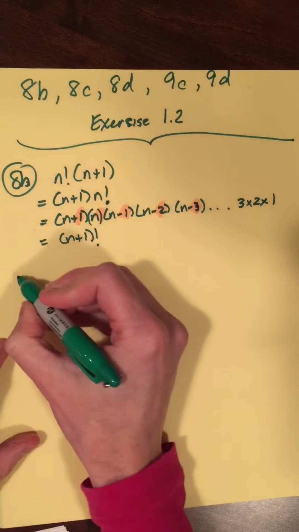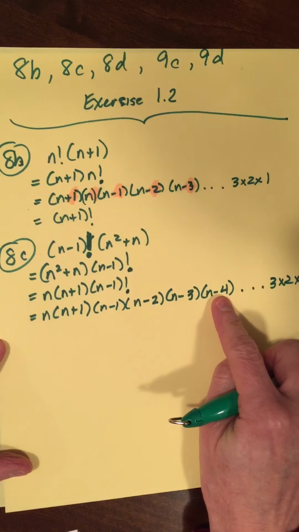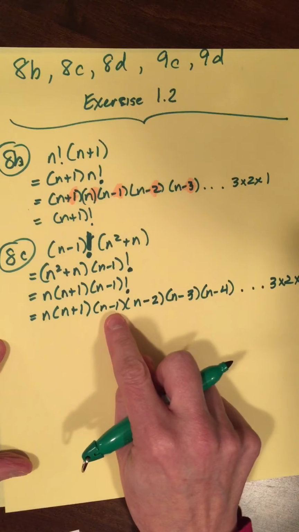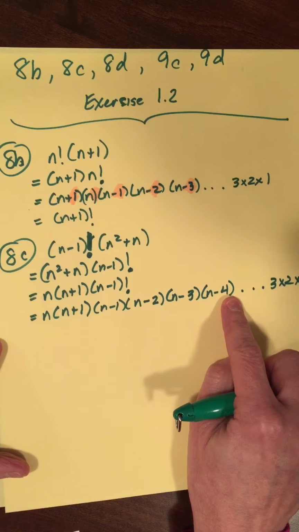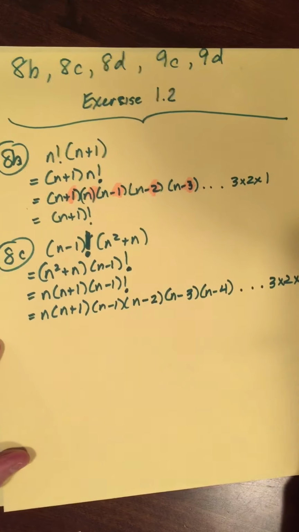Now remember, I'm skipping a step here, and I'm allowed to skip that step because I know that the numbers are going to drop by 1. I sort of proved that to myself in all my examples.